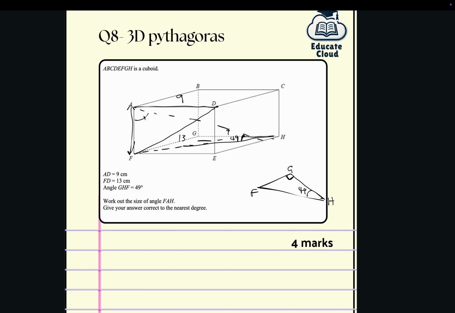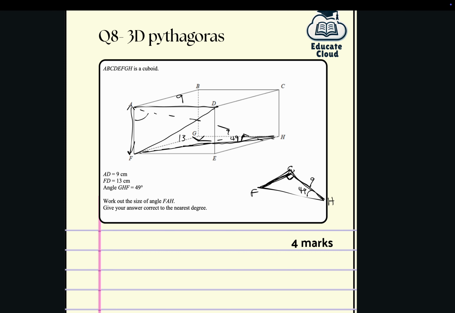And GH, because AD is 9, GH is 9 as well. And that's a right angled triangle. No matter how much it doesn't look like one, it is, because it's this corner here.